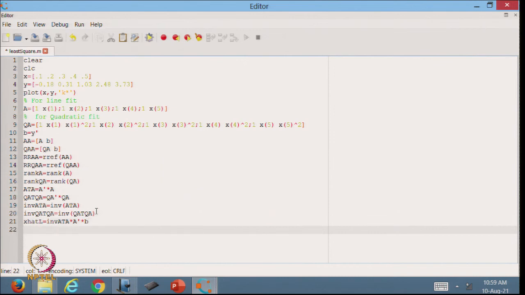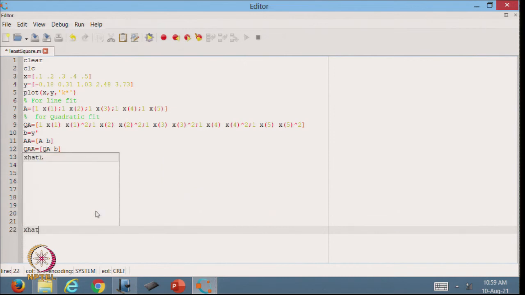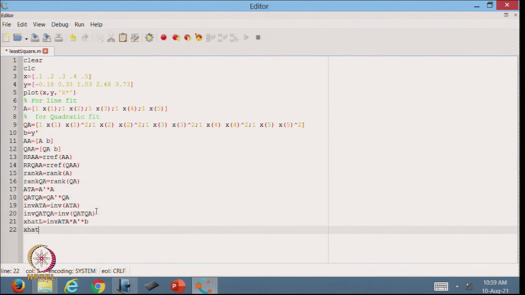Similarly, I can define the x hat in terms of the quadratic fit, and that I have to define the same way.